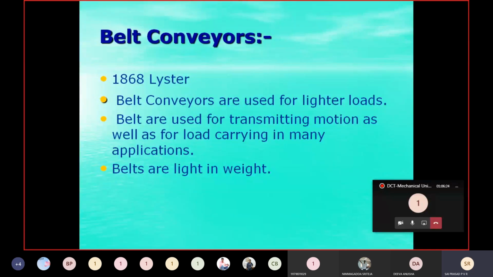Belts are light in weight, and as I said just now, we can select a material whose density is very low and which doesn't have an intricate shape. If the materials are powders, density matters. If you have powder particles, there is a chance that when the belt is rotating, the small particles can spill out from the belt.